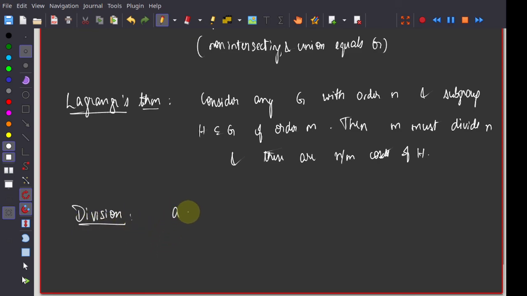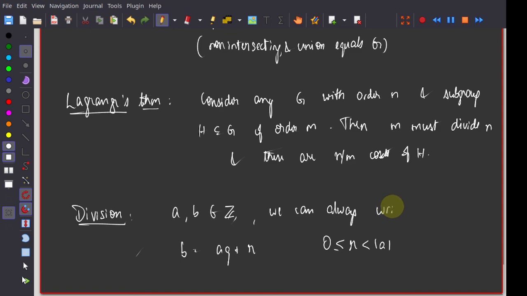Given any two integers A and B, you can always write B as A times Q plus R. So you can write the second integer as the first integer times a quotient plus a remainder, where R is a non-negative integer which is less than the absolute value of A. Q is the quotient. Remember, all of these are integers.